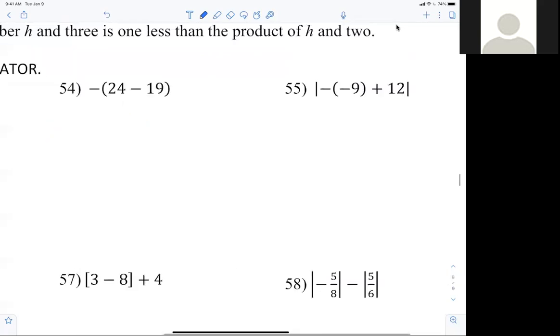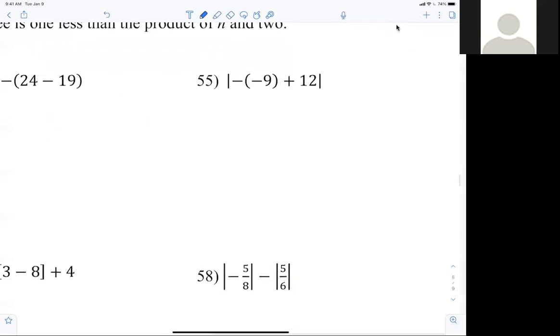All right, come on, Brennan, 55. 21. Now, don't forget, those are what symbols? Absolute value symbols, correct? So the absolute value of 21 is still what?